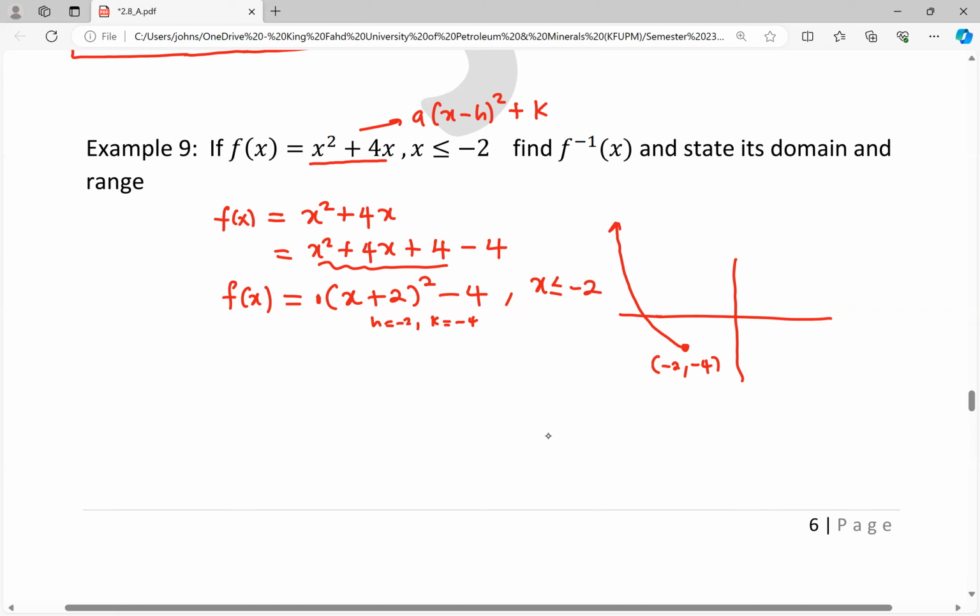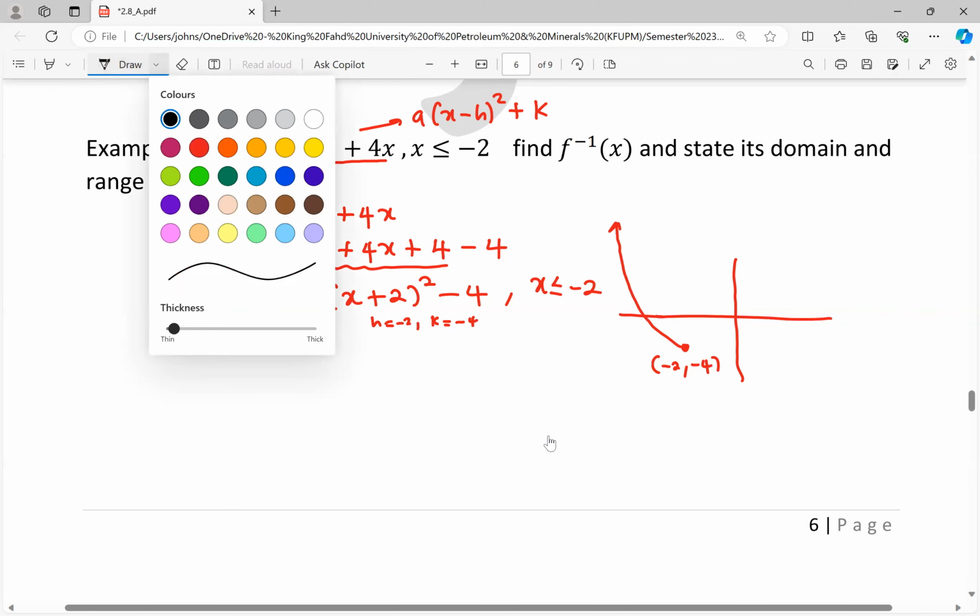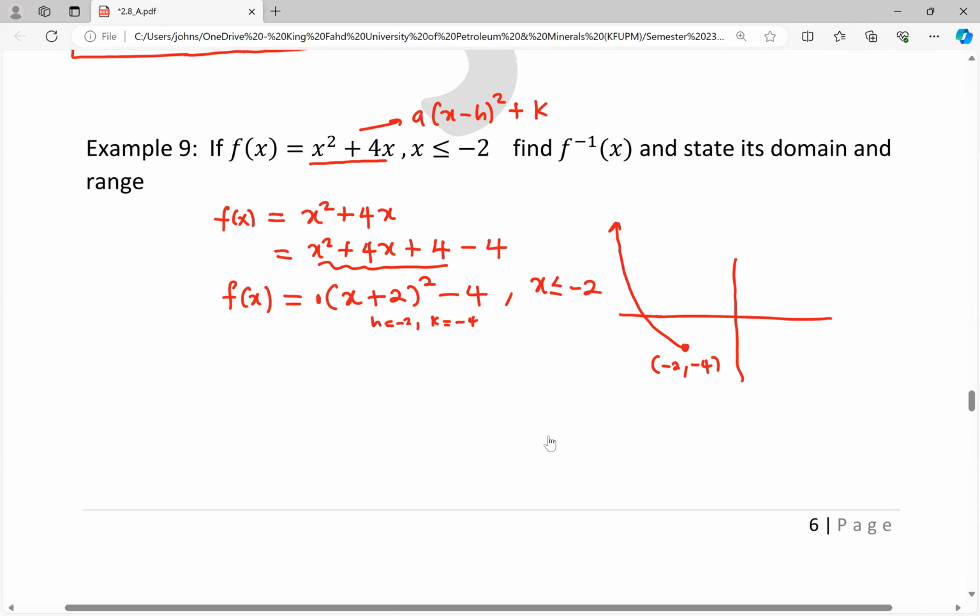All right. Now that we've discussed the function, what does that mean? It means we can get the domain of this function. So it means we can find the domain of F inverse, which is going to be the range of F. And what is the range of F? The range of F is just going to be from -4 to infinity, because this has a minimum.